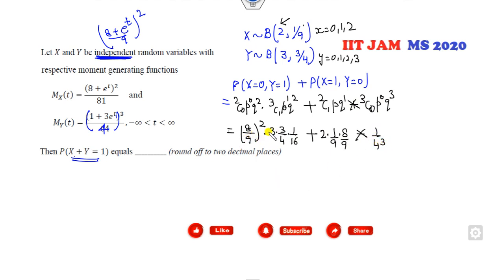So you can see it's a 9, fine. So it's 64 over 81, 9 over 64, plus 2 into 8 over 81 into 1 over 64.